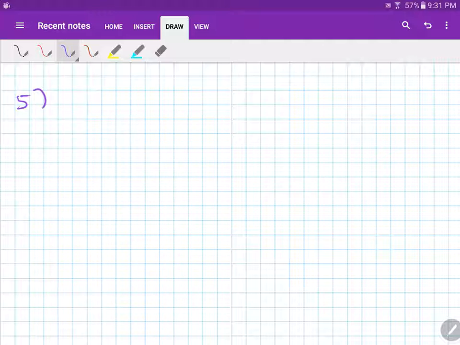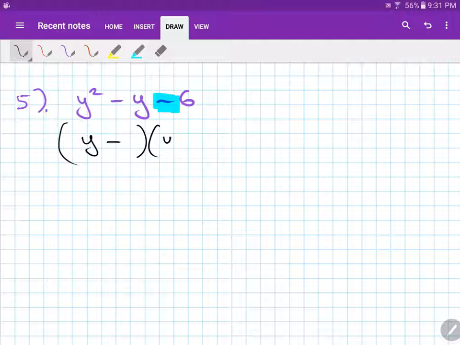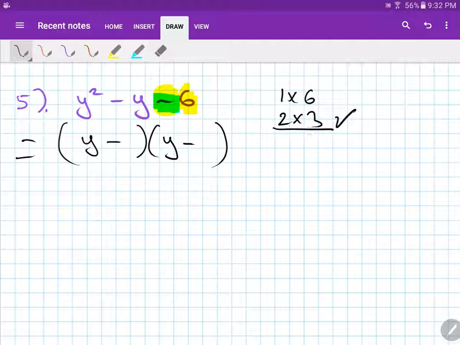Let's say number 5: y squared minus y minus 6. This side is negative, so I automatically write down y minus and y minus. Now what times what gives me 6, and the difference is 1? 1 times 6, no good. 2 times 3, yes, because the difference is 1.